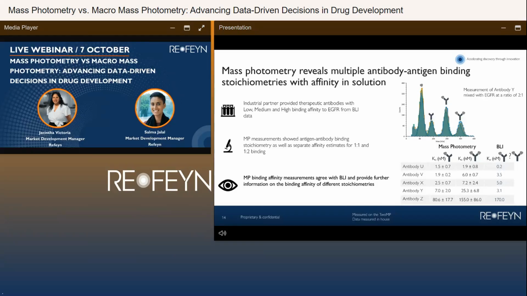So Refeyn didn't know which antibodies were low, medium, and high binders before reporting the results to the collaborator. Once we did the mass photometry measurements, we could show the antigen antibody binding stoichiometry, and we were able to provide separate affinity estimates for each binding stoichiometry, 1:1 versus 1:2, and these measurements correlated with the BLI data.